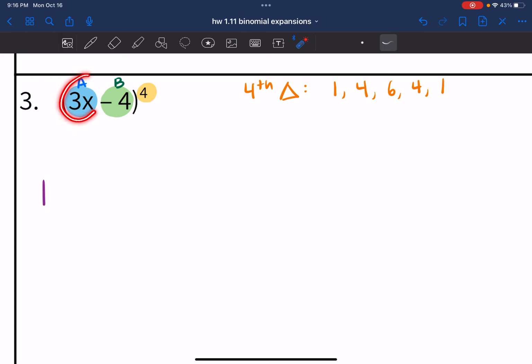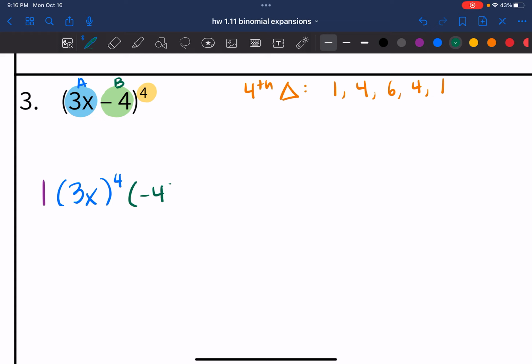Then our A term, 3x, we raise to the highest power that we can, which is 4. Then our B term, negative 4, we raise to the lowest power, which is 0. This is going to turn into my first term. We'll come back and simplify that later, but for now I just want to get the whole pattern down.